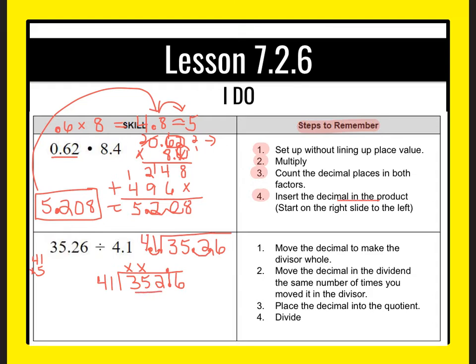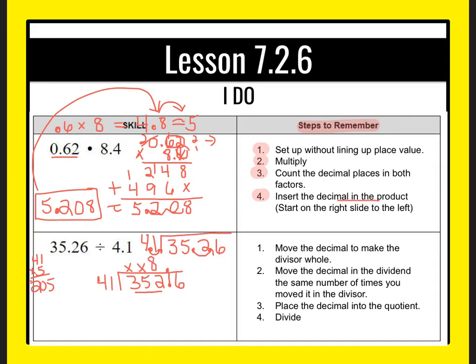So if I start with 41 times 5, that gives me 205, and I'm looking for 352. So I'm going to try a little bit higher. 41 times, I don't know, 8. If I multiply 41 times 8, I'm going to get 328, and that's going to get me pretty darn close.